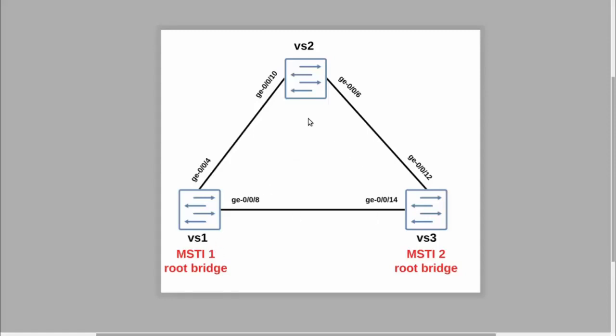So we'll show how we can alter which links are used for forwarding for different instances by changing what should be the root bridge for each of our 2 instances that we create. We'll make virtual switch 1 the root bridge for instance 1, and we'll make virtual switch 3 the root bridge for instance 2. And we'll see how that affects our forwarding topology. So let's now get on and configure this spanning tree protocol on our switching network.